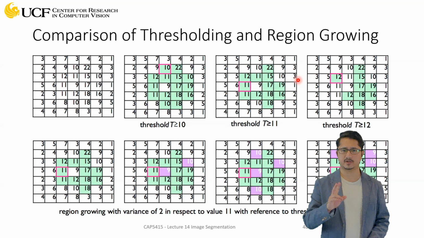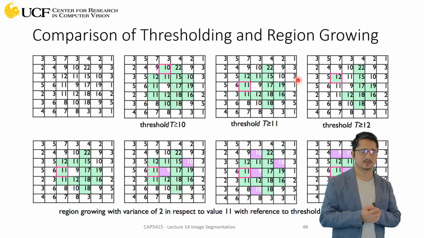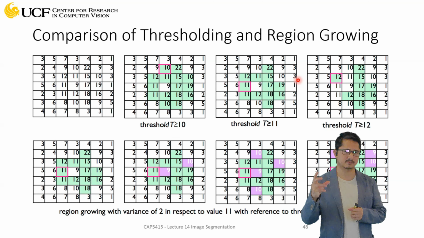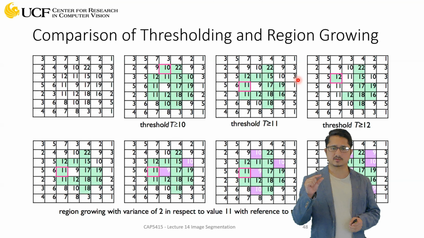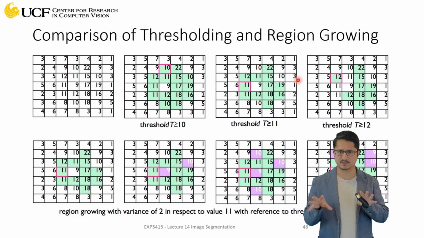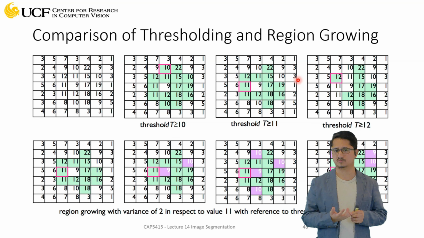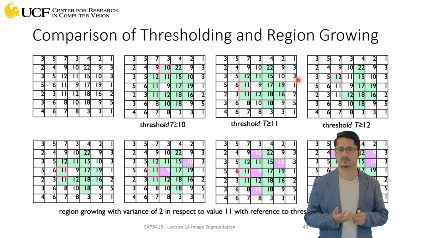This is just trying to compare what will happen between thresholding and region growing. And at a high level, I can tell you the difference. In thresholding, you really don't care about the spatial adjacency or the closeness of those pixels, right? That's never taken into account.